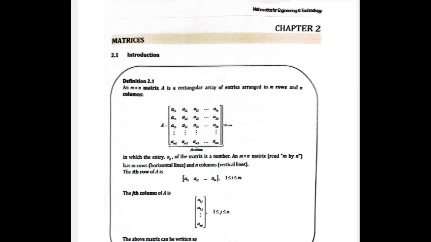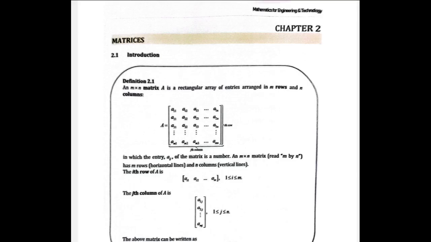A matrix is simply a rectangular arrangement of numbers in rows and columns. We usually name it with a capital letter such as A. The numbers inside are called entries or elements.